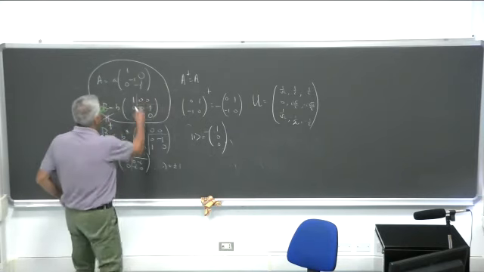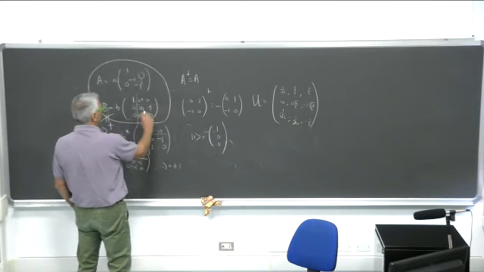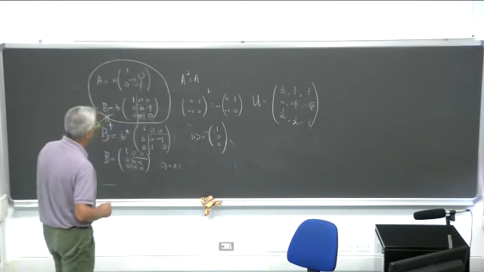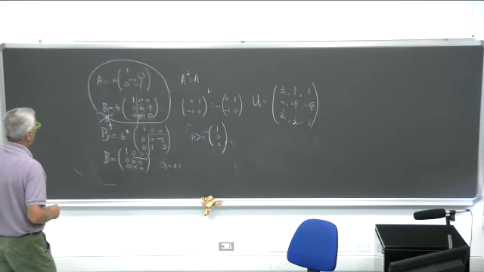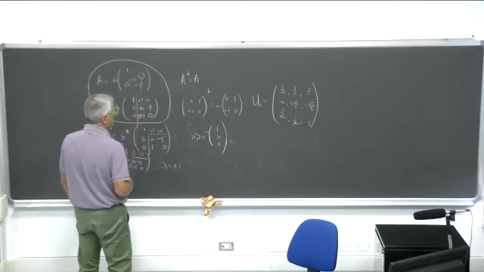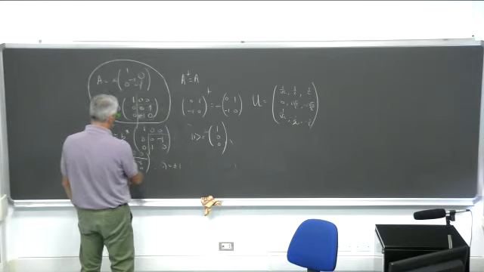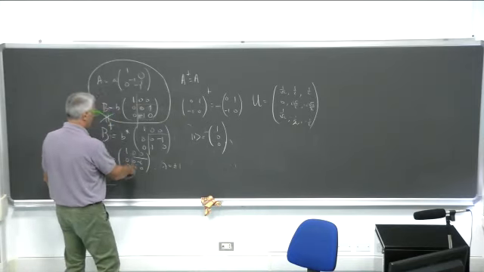This part is just proportional to the identity, and this is instead off diagonal. But you can still diagonalize this, and the unitary matrix is the same one that diagonalizes this one.